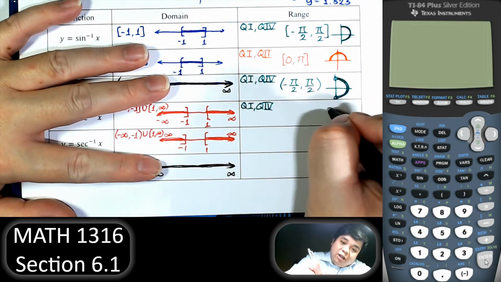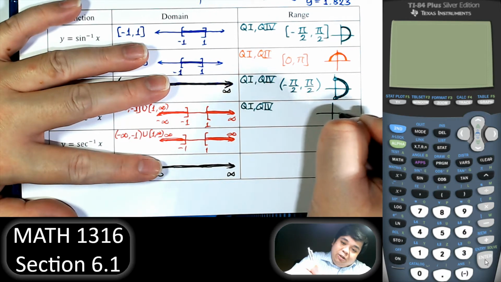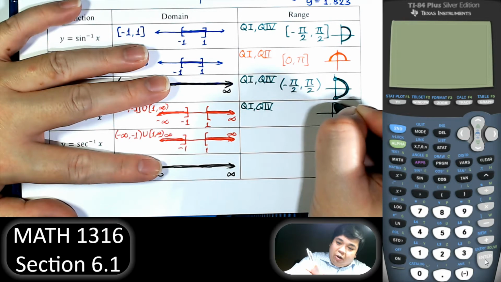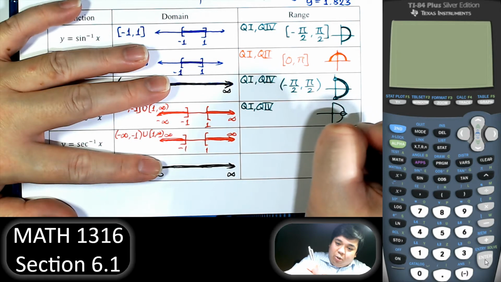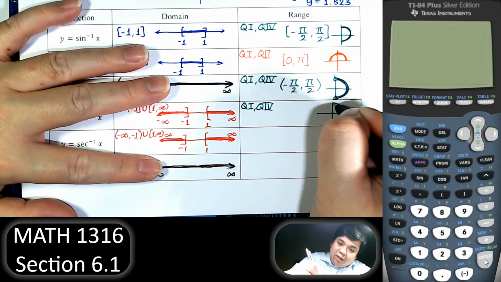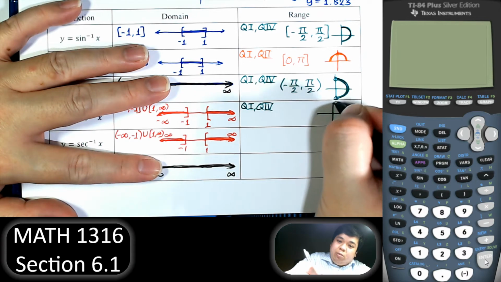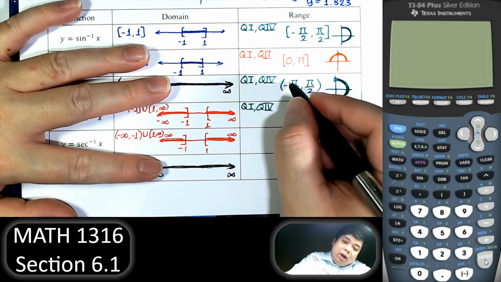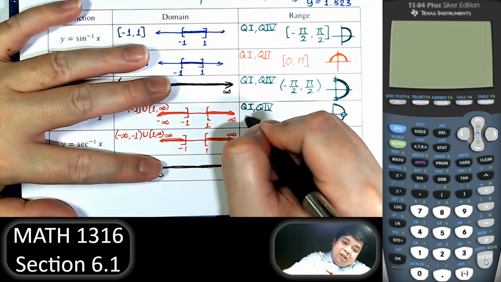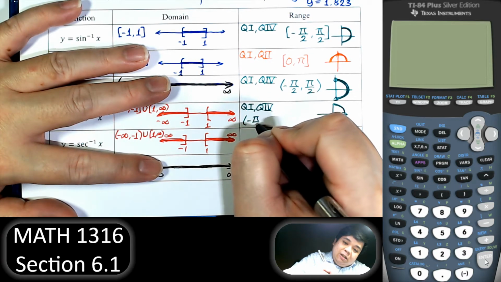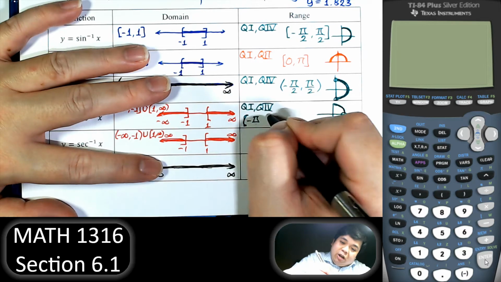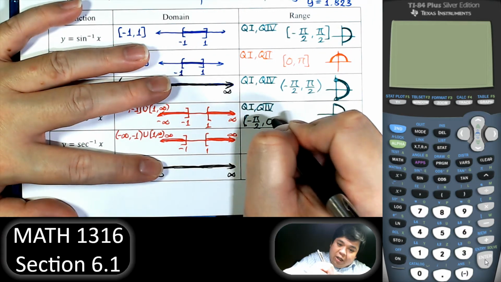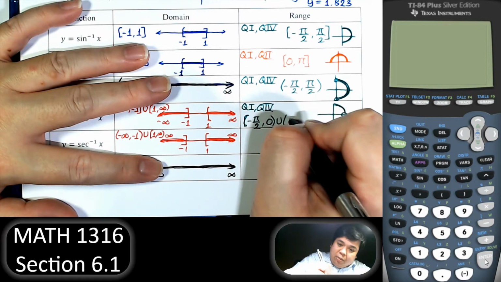So this is still in quadrant 1 and quadrant 4, but I'm missing the midpoint, sorry. This one is missing the endpoints, this one missing the midpoint. So I will write it exactly like that, except there will be a missing point at the middle.